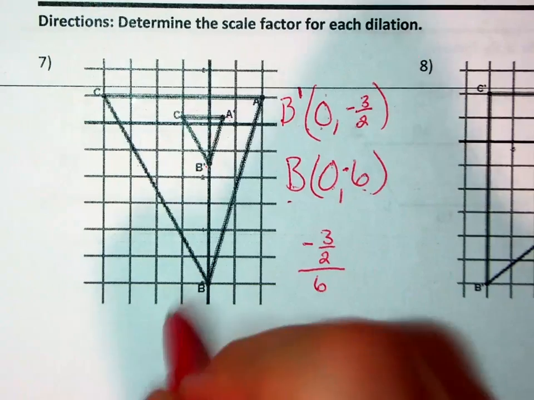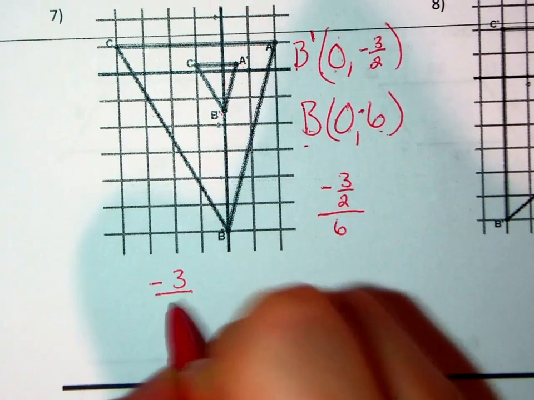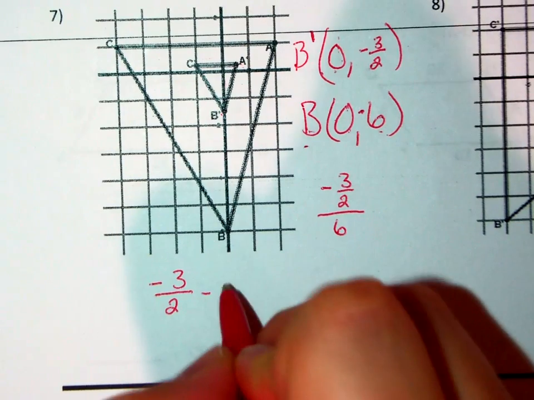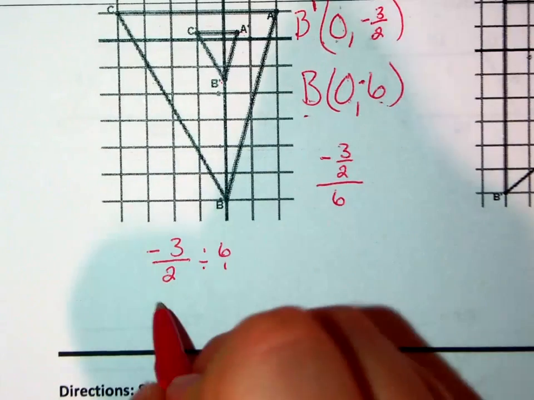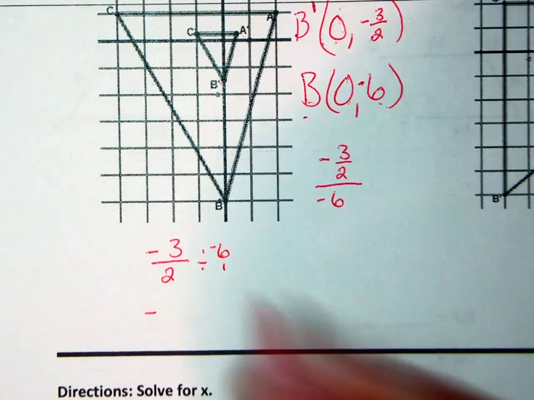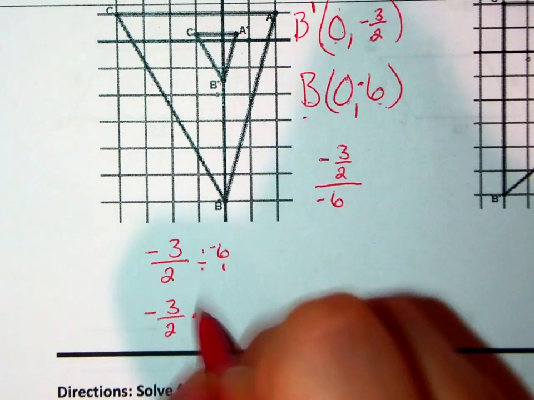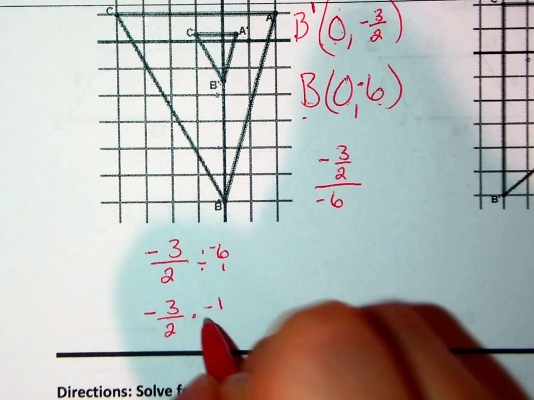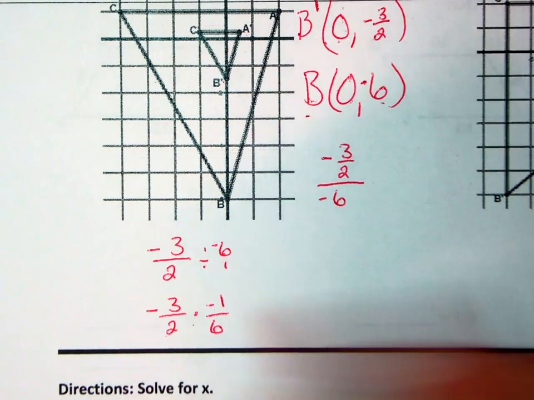And so we would end up with negative 3/2 divided by 6/1, which is the same thing as negative 6. Don't forget your negative signs. 3/2 times negative 1/6, because we keep it, we change it, we flip it.